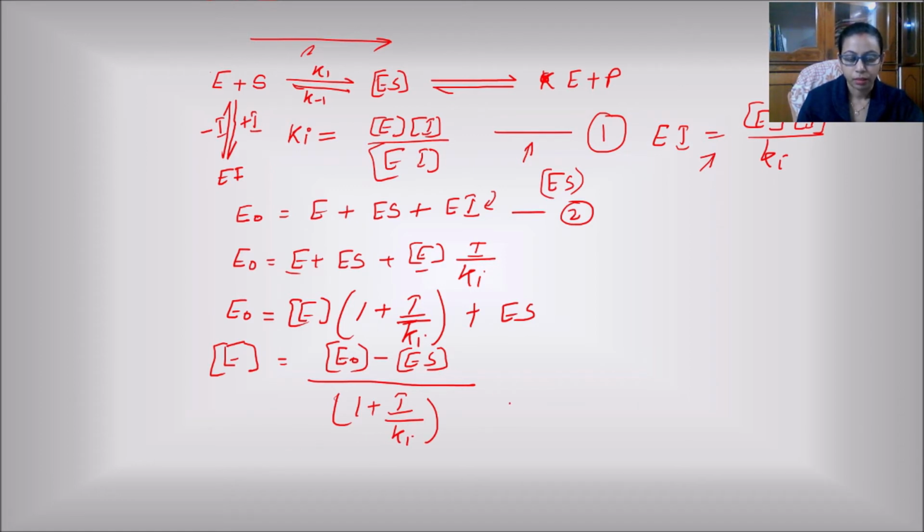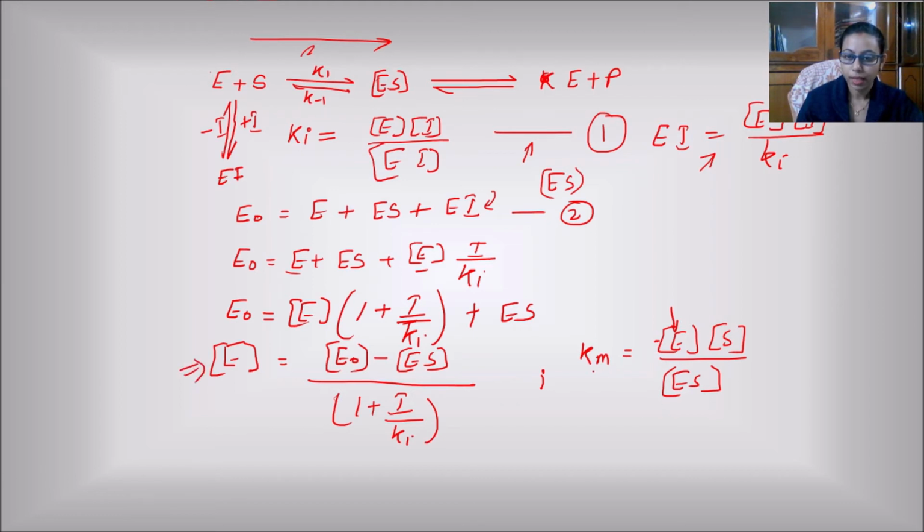Now if we remember the Briggs-Haldane equation, we had Km equals E into S divided by ES. So from here, when the inhibitor is there, instead of using the value we used in the case of the Briggs-Haldane equation, we will take the value of E from this one.